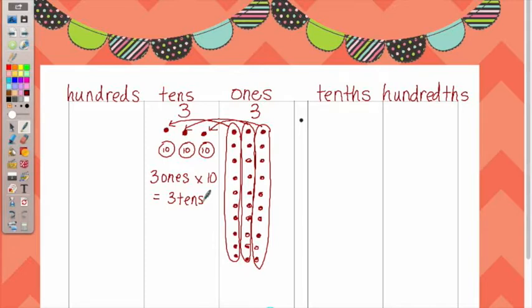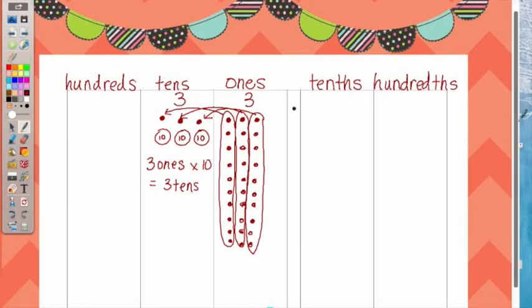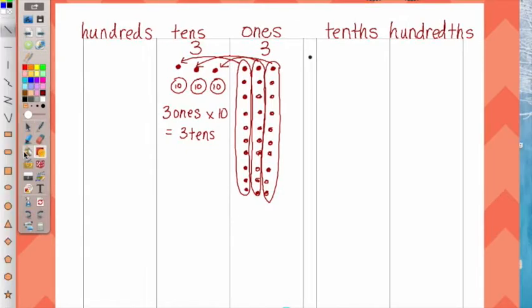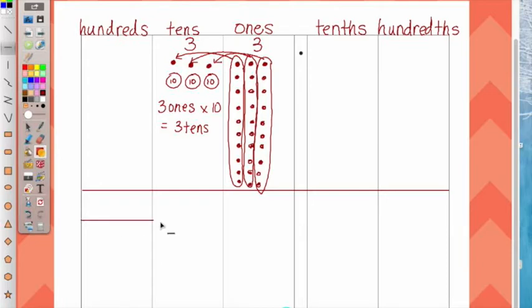Now that you've got that much written, I want you to draw a line. It just so happens I'm a lucky person because I have a straight line tool. But I just want you to draw a line right there, right across, and then draw another line underneath it.